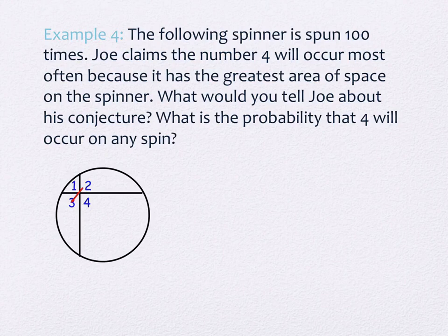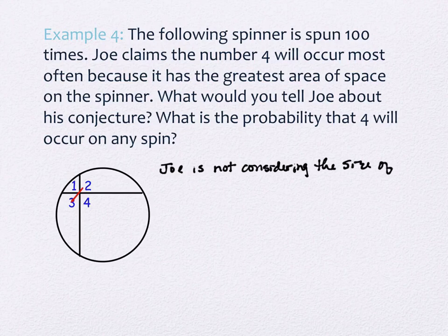Okay, so the issue is that Joe is not considering the size of the angle. A spinner spins through an angle. It doesn't really care about what area of the region it is.